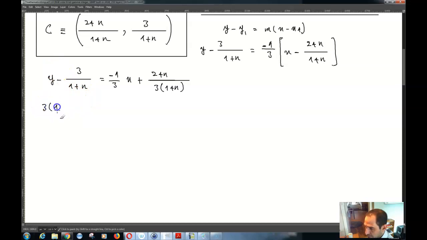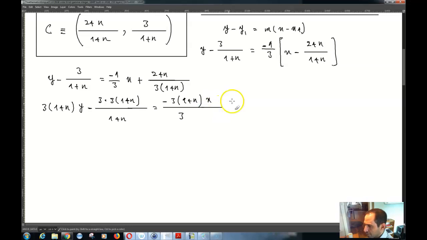So 3 times 1 plus n times y minus 3 times 1 plus n over 1 plus n is equal to negative 3 times 1 plus n over 3 times x, plus 3 times 1 plus n times 2 plus n over 3 times 1 plus n.